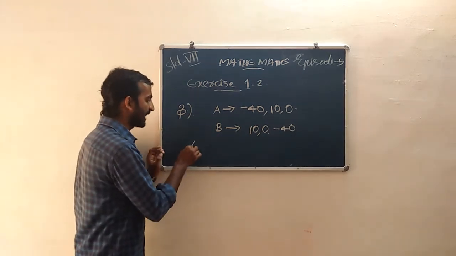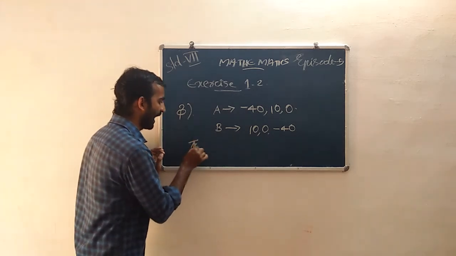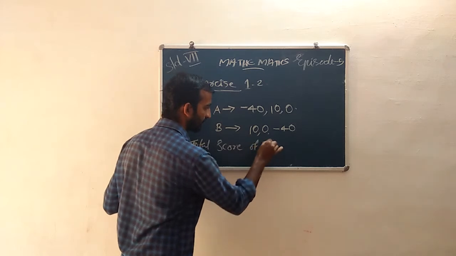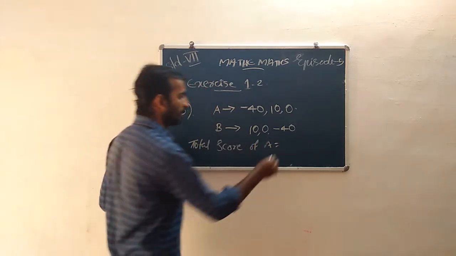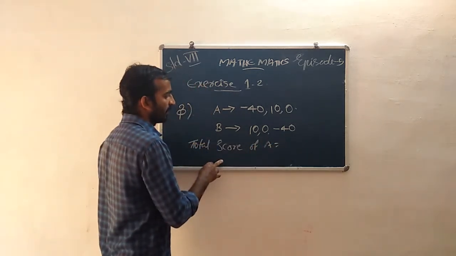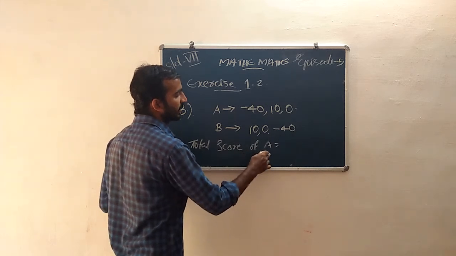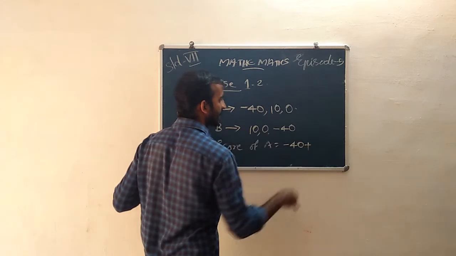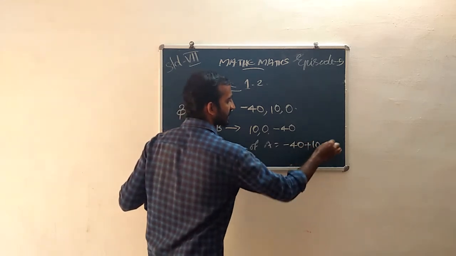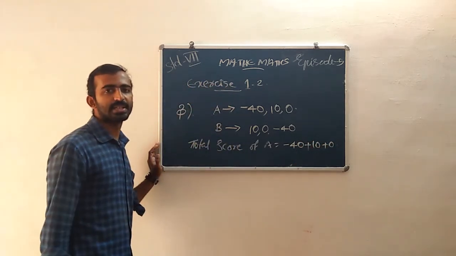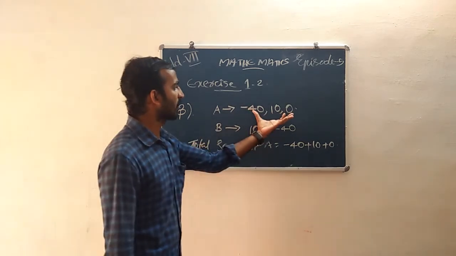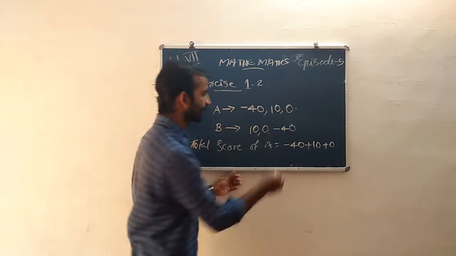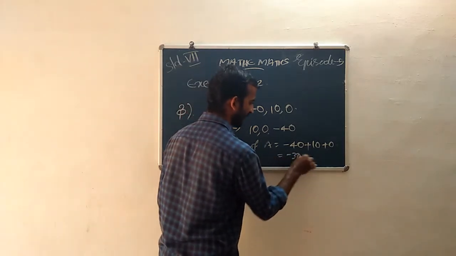So the total score of A is negative 40 plus 10 plus 0. Total score means the total of these scores for the 3 rounds. We get the answer negative 30.